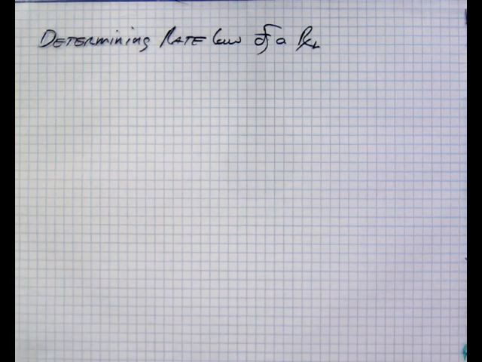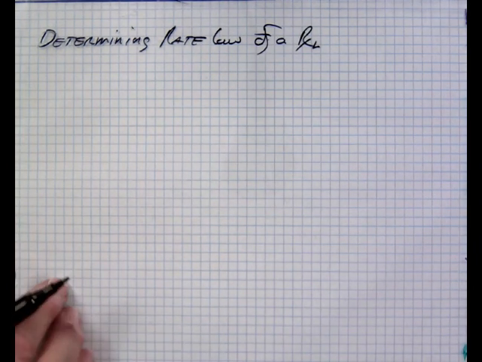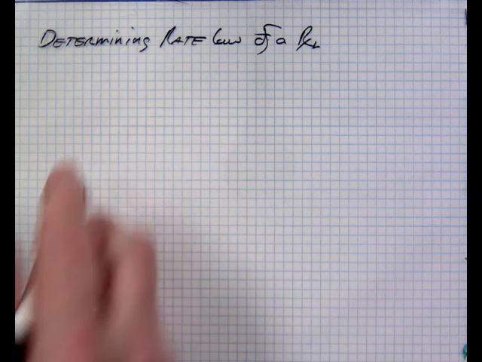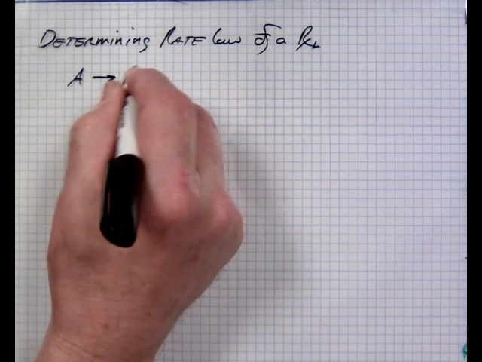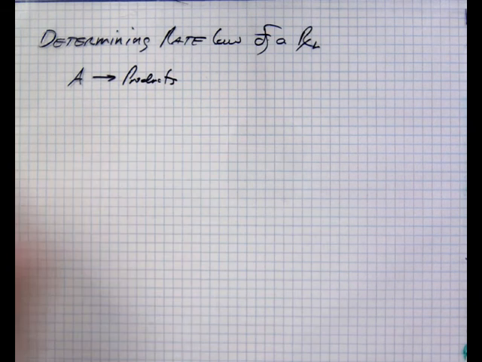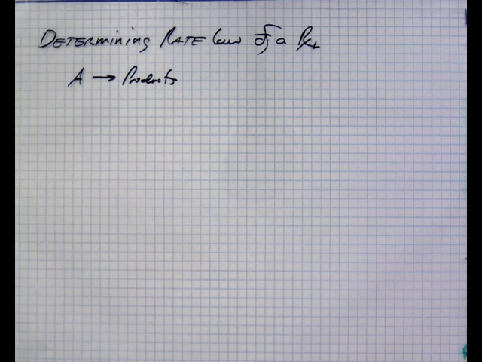Determining rate law of a reaction. We're going to use a hypothetical reaction. A goes to products. What's the A going to do as a function of time in terms of concentration? It's going to drop off. All right.